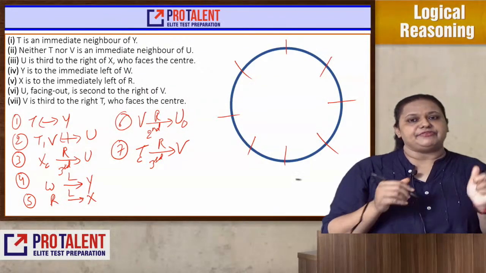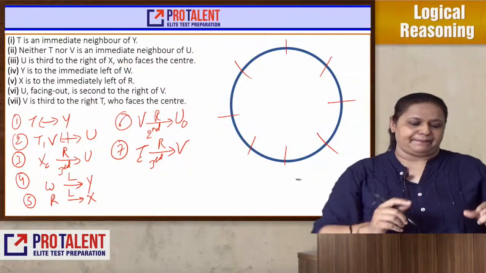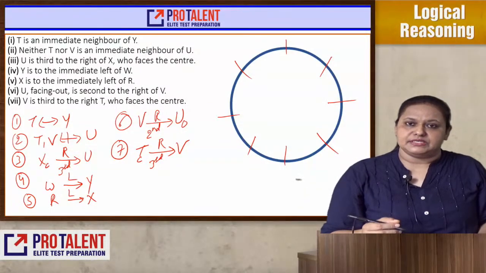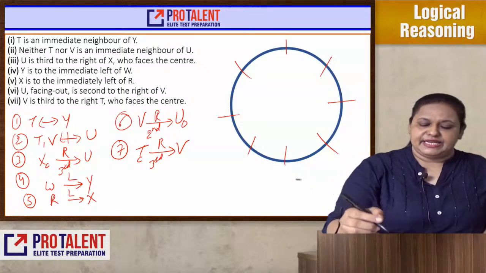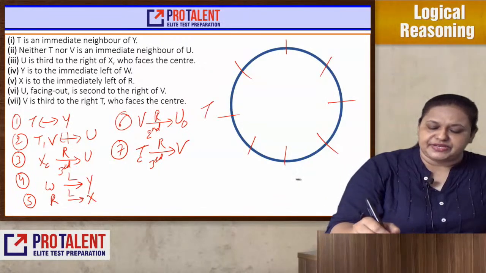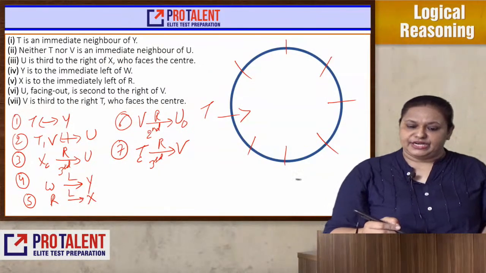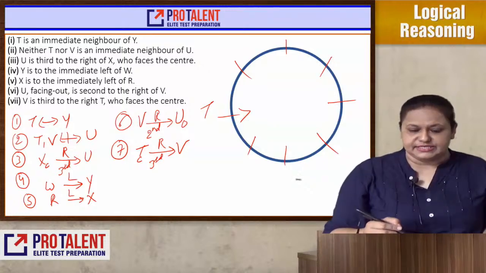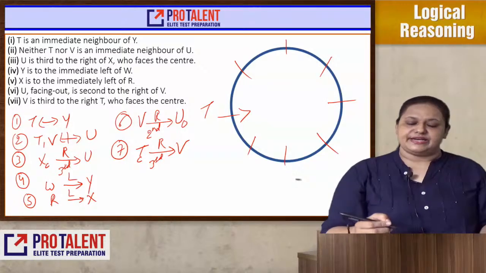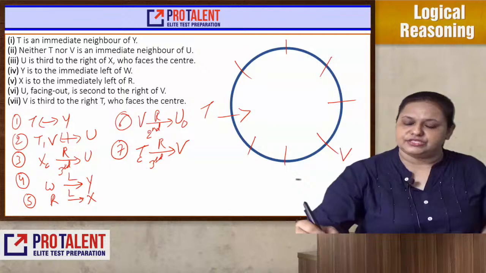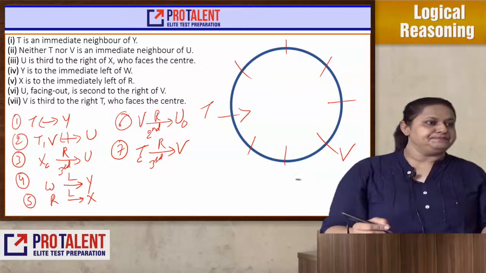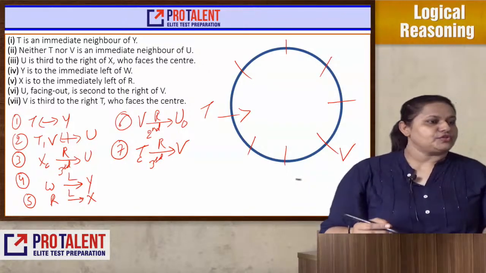Otherwise, if I am assuming it, multiple cases will happen. So if I start with point number 7, then T is facing the center, so in the right side, in the third position, V is going to be there. Clear?